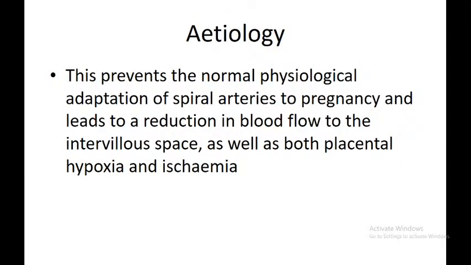This prevents the normal physiological adaptation of the spiral arteries to pregnancy and leads to a reduction in blood flow to the intervillous space, as well as placental hypoxemia and ischemia. So ultimately it leads to uteroplacental dysfunction or hypoxia.